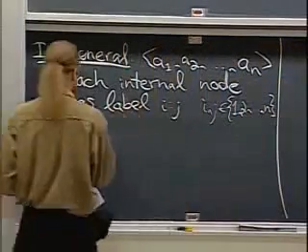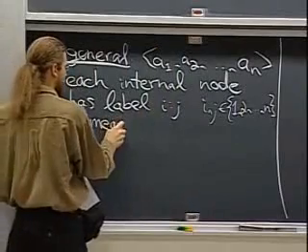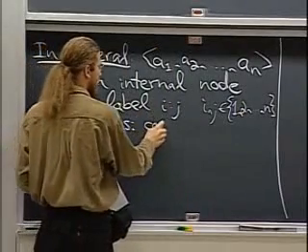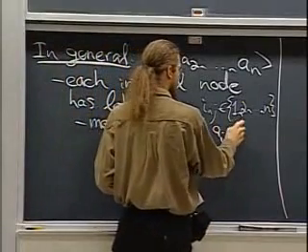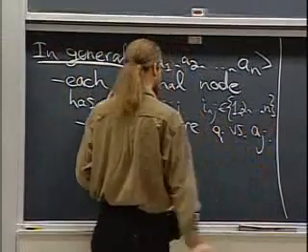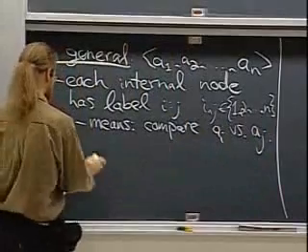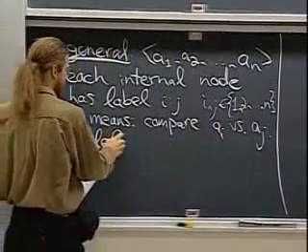And this means that we compare A_i with A_j. And we have two subtrees from every such node.